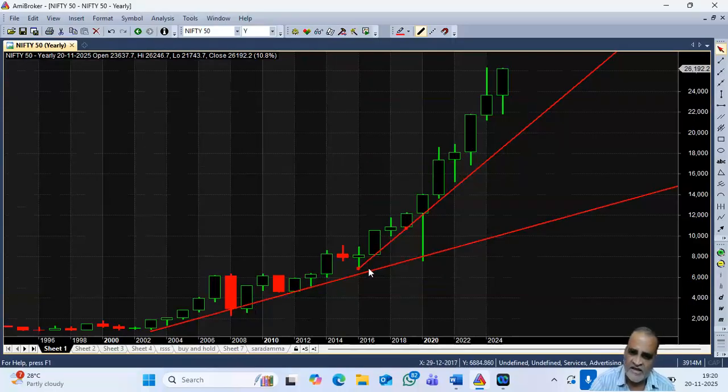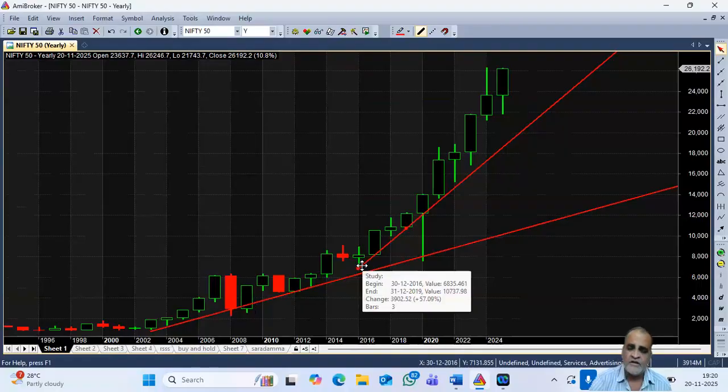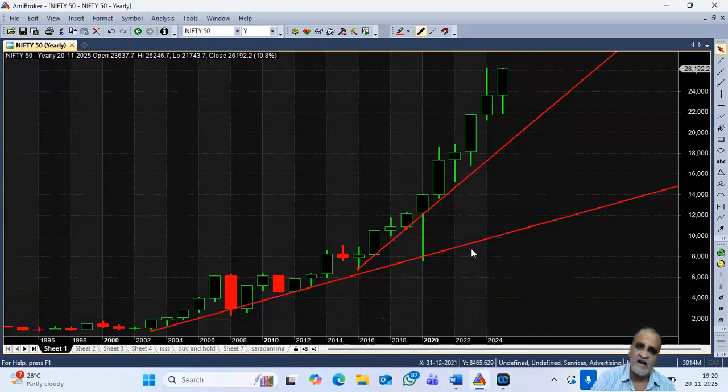Actually, in fact, it started moving towards left from the year 2014. From 2014 onwards, it started moving left away from the basic trend line, and from 2014 to 2025, the market went up very smartly, and that is the beauty. So these are the basic and important things with trend line drawings.